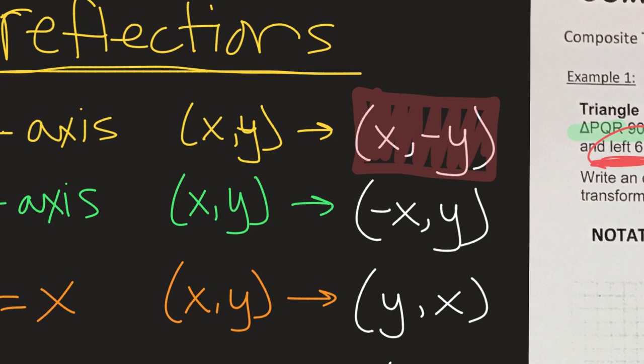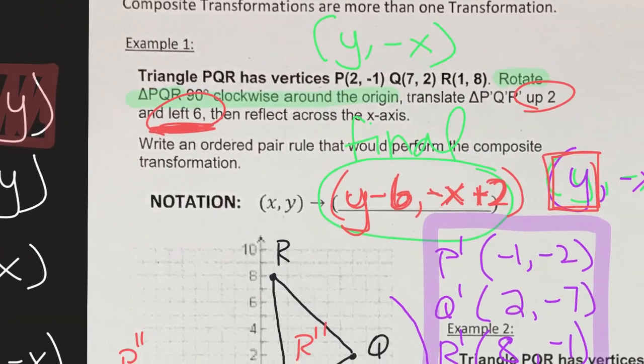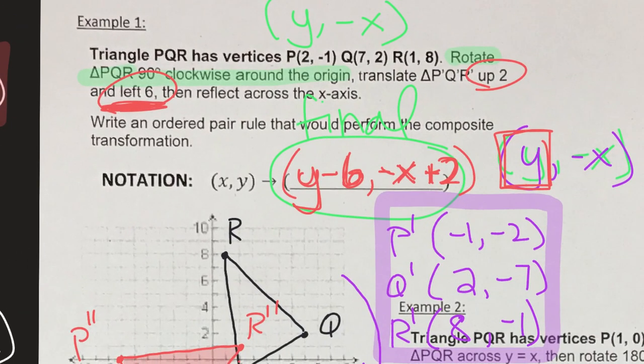So there should be no change in how we write the y minus 6, but what will change about the -x plus 2? What if we make -x plus 2 negative? What will that end up as? A positive x minus 2.